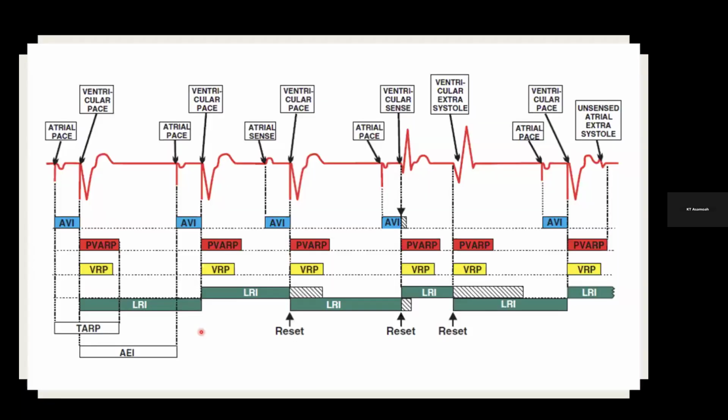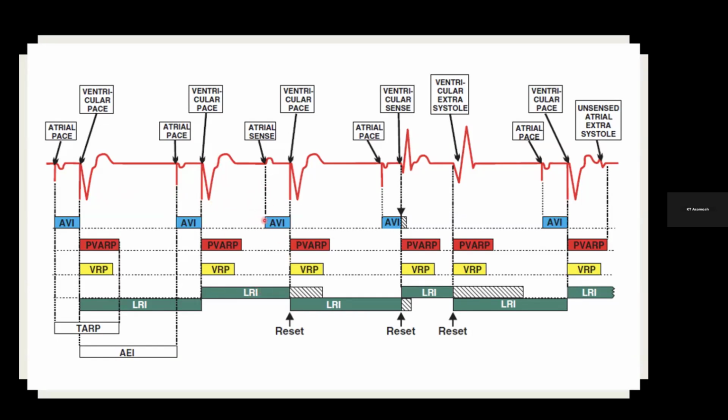So over here, the lower rate interval has been set. Now, what happens in the lower rate interval is that if your pacemaker fires an impulse, the timer starts. Let's use 1,000 milliseconds for this. If it doesn't sense any activity, then it will release another spike and pace.